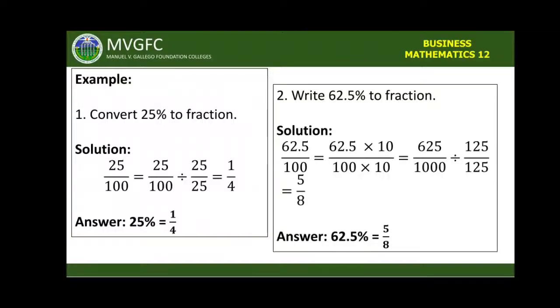So the next thing to do is to find the greatest common factor of the two numbers, and that is 125. So 625 divided by 125 is equal to 5, and 1,000 divided by 125 is equal to 8. So for our answer, 62.5% is equal to 5 over 8.